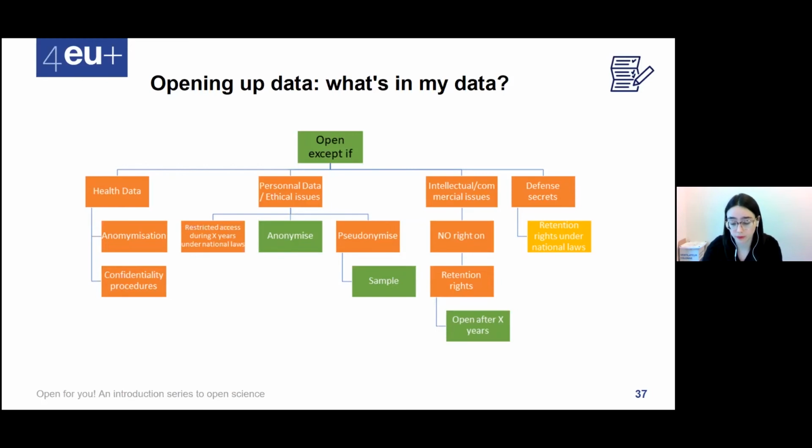The principle of proportionality: the information must be relevant and strictly necessary for the purpose of your research. The limited retention period: it's not possible to keep information on individuals for an indefinite period.